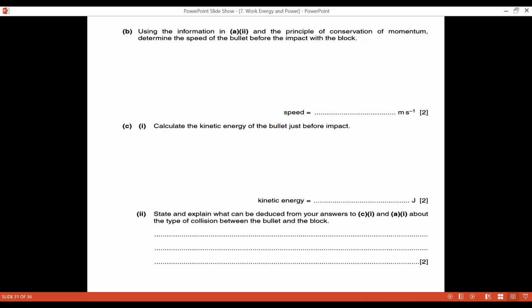Apply the principle of conservation of momentum to find the speed of the bullet before the impact. We know the speed of bullet and block after the impact is 1.3, which we just calculated. So here we apply m1u1 plus m2u2 equals m1 plus m2 into v. Initial momentum of the block was 0.